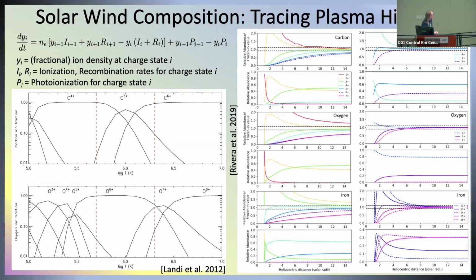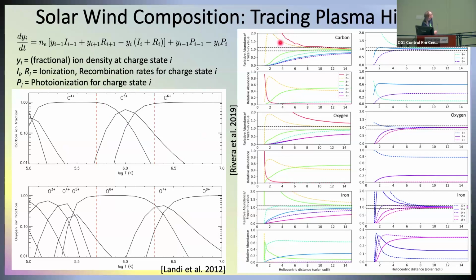And if you plot those things in time, you can watch basically the proportion, how much of this carbon is in C6 plus, how much of it is in C5 plus, how much of it is in C4 plus.